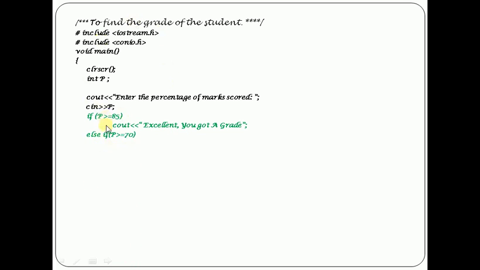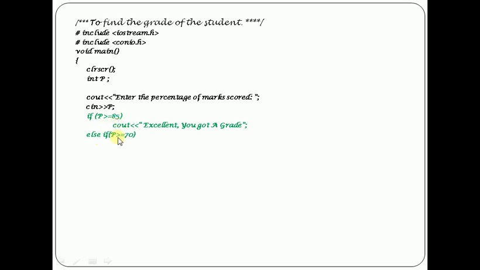I am not checking that it is below 85, because it is understood that if the control is coming to this point, it is less than 85. No need to check it again because this is coming in the else part.